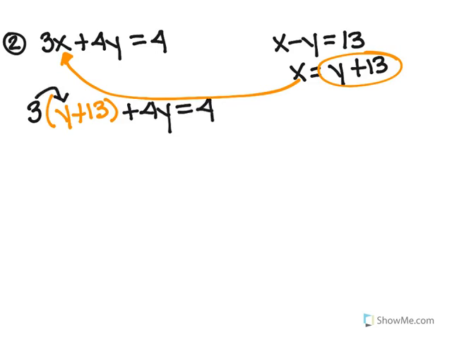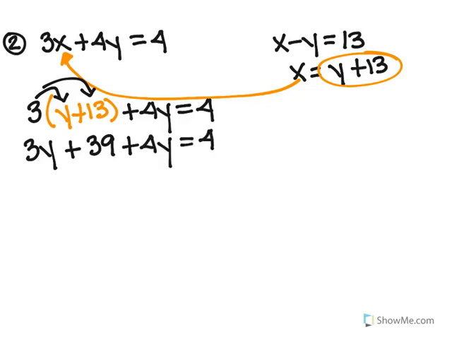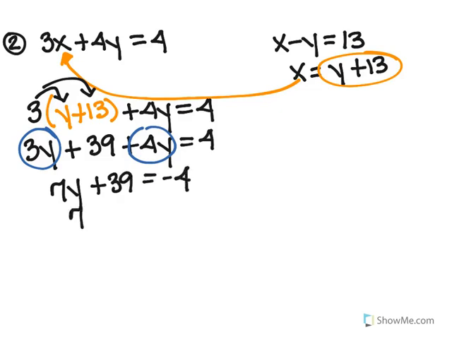So we're going to do distributive property. 3y plus 39 plus 4y equals 4. Combine like terms. You have 7y plus 39 equals 4. Get y by itself. We're going to subtract 39.